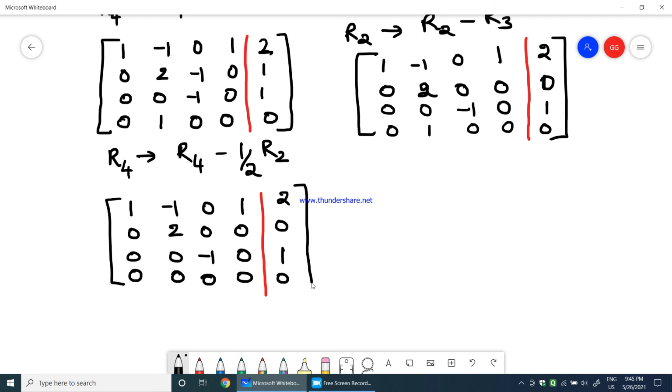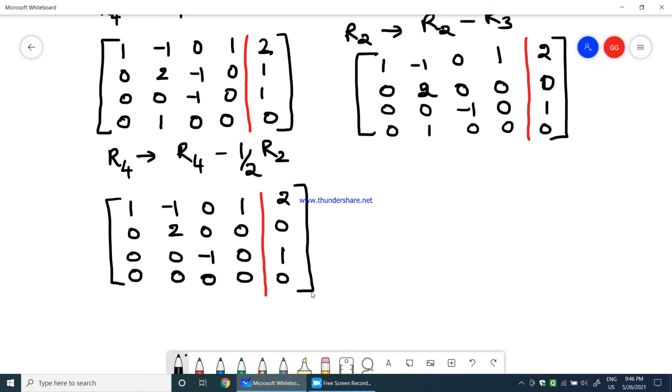Yeah. So this is the final reduced Gauss-Jordan elimination method matrix. Further reduction is not possible. If you try to reduce further, you will end up getting the same matrix again.